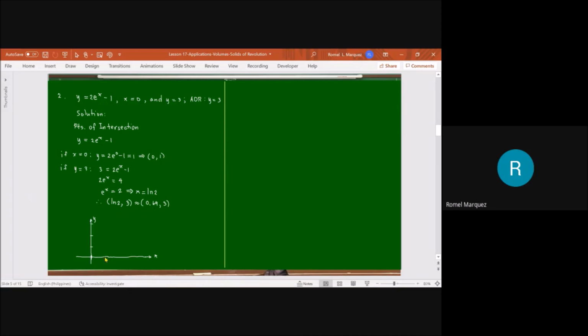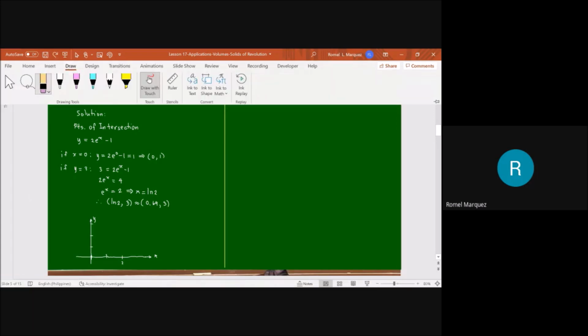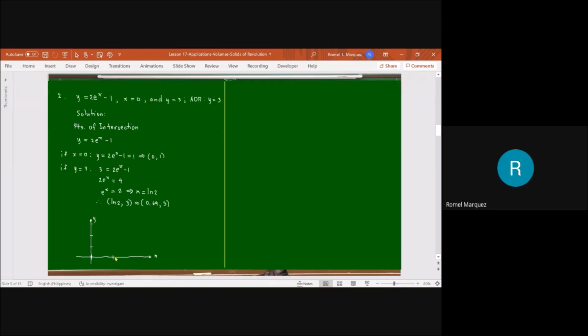Let us have a larger scale here to magnify the figure. So let's say this is my 1. 0.7, this is 0.5, 0.75.